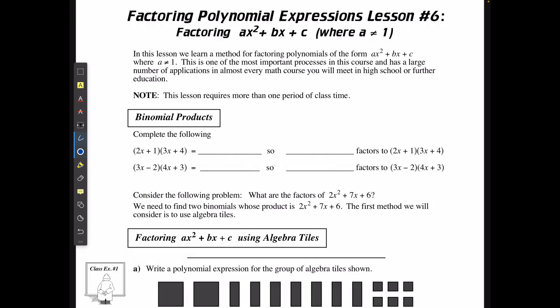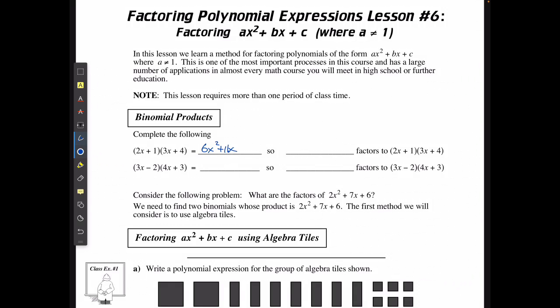So, first thing we're going to take a look at is, if I expand it out, just like in all of our previous cases, then that should tell me what I can factor down. So if I take 2x and 3x, I get 6x squared. If I take 2x and 4, I get 8x, 1 and 3x, I get 3x, and they combine to make 11x.